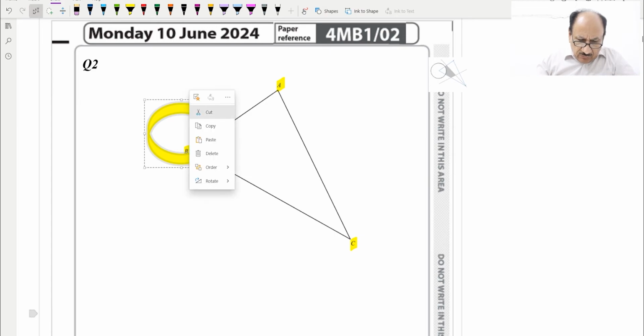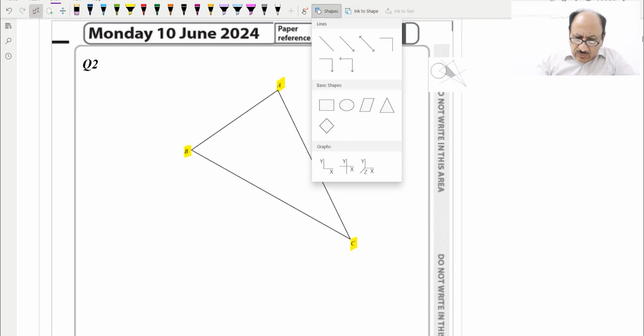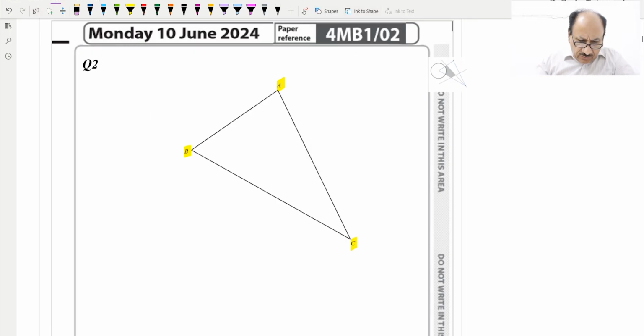It's rough, for example, say this is a 3 centimeter radius circle. So this is the circle, the locus of the points that are 3 centimeter from B.